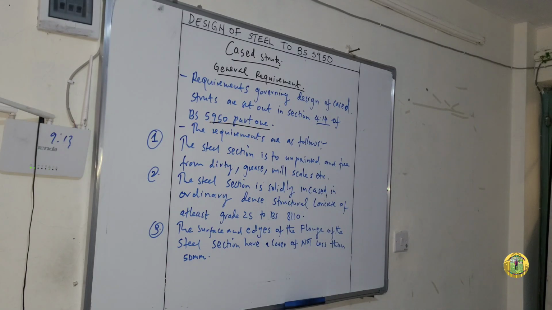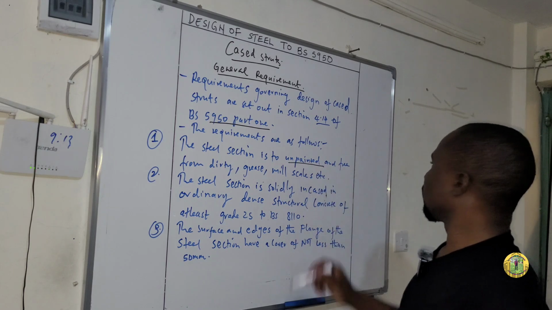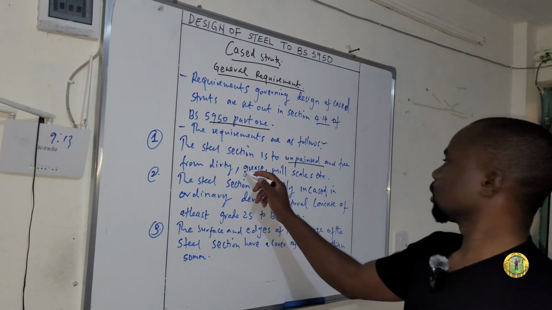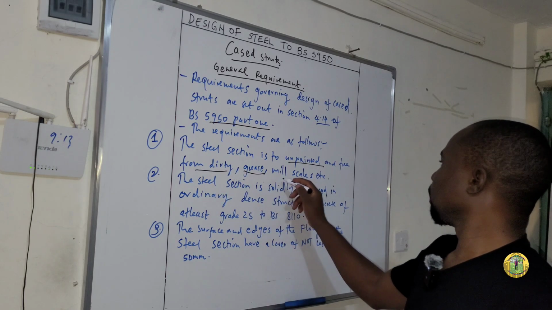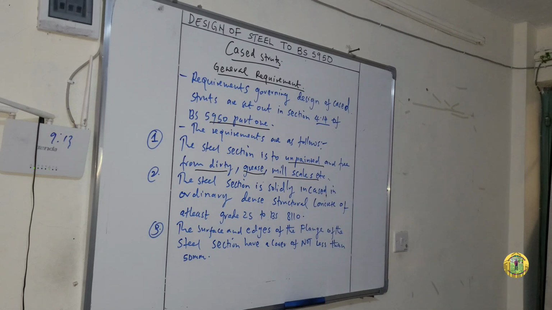Number 1, the steel section is to be unpainted and free from dirt, grease, mill scales, etc.